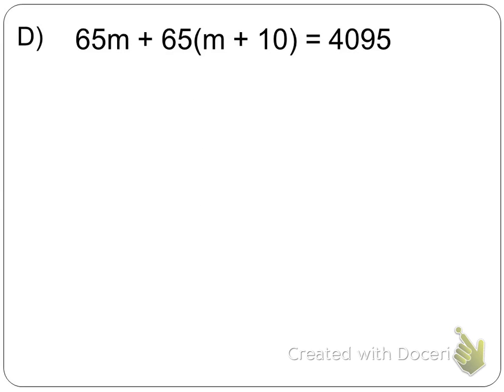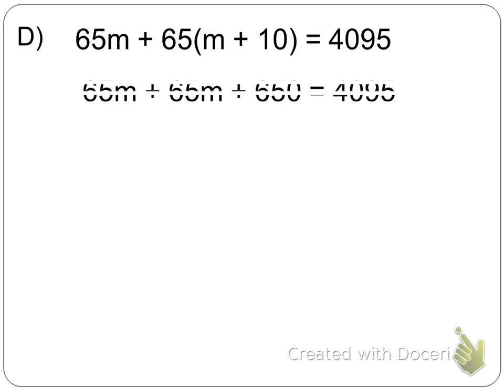All right. And then last one. How would I solve this? Distribute the 65. So 65m plus 65 times 10, which is 650, because you multiply the 65 and the 10. That equals 4,095.